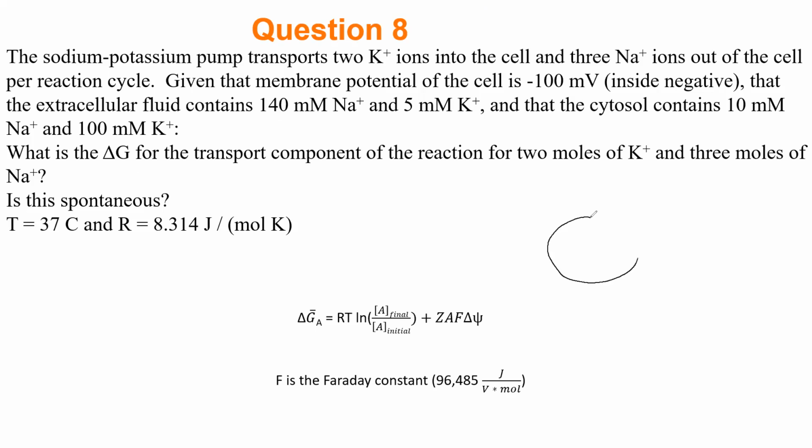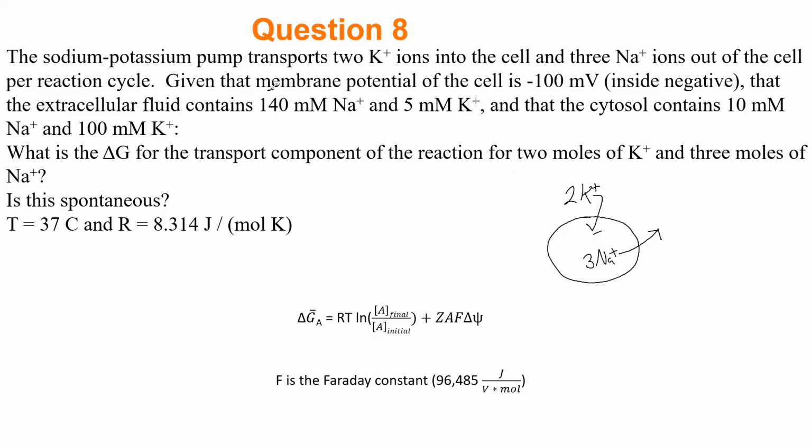All right, so we have a cell here and we have a pump. 2 potassiums are going into the cell. 3 sodiums are going out of the cell. And inside the cell, the membrane potential is a negative 100 millivolts.